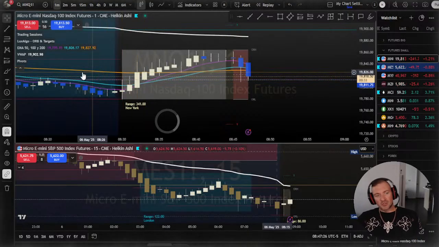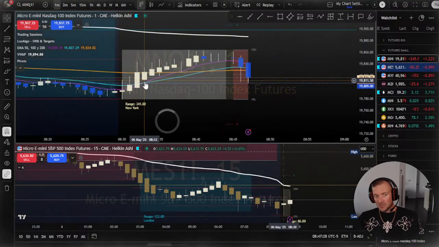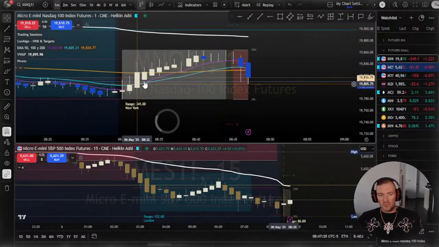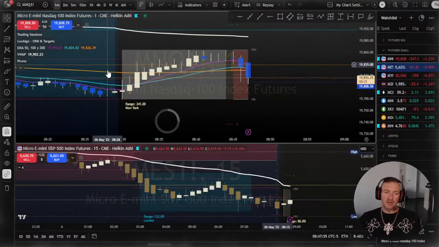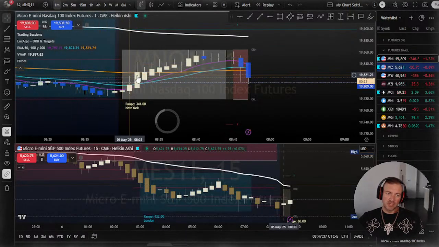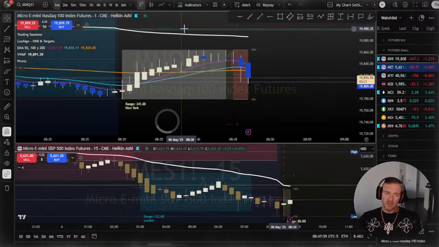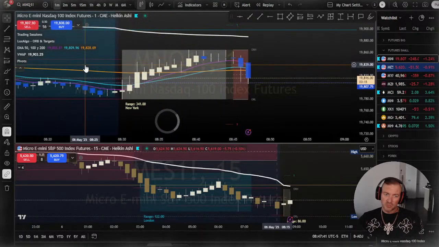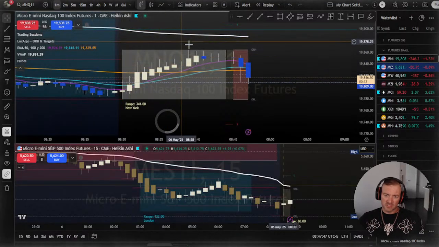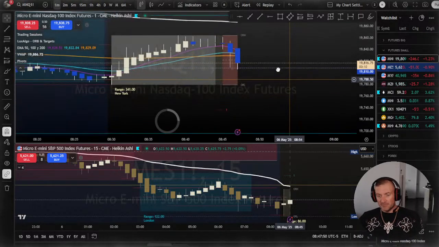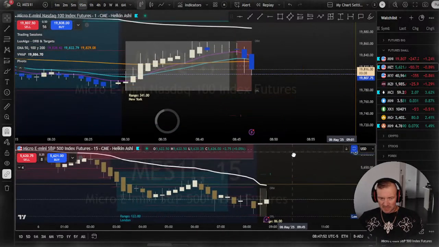So I think it can be semi-useful for really quick scalps, and I think this 100 EMA is pretty nice. The VWAP and the 100 EMA, usually this acts as a sort of weak support resistance, and this is a slightly stronger support resistance.